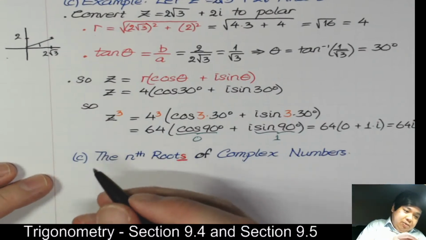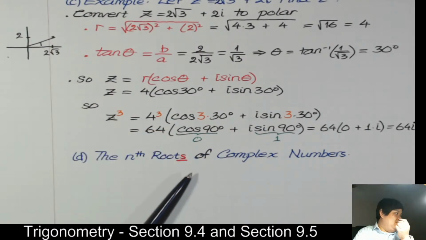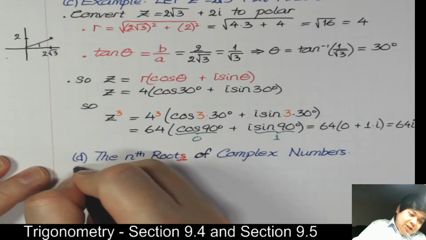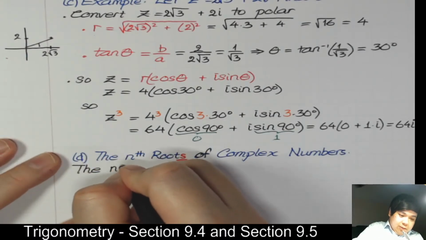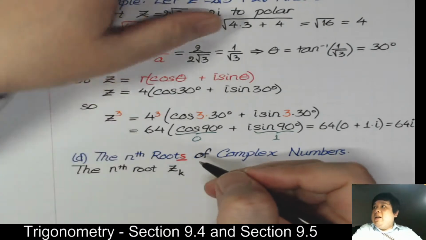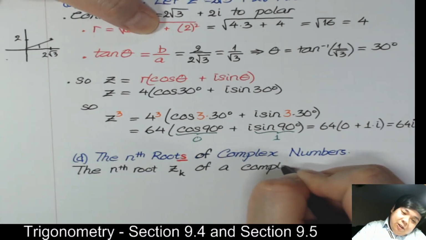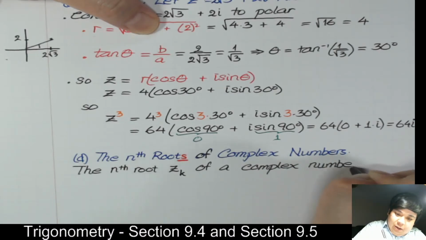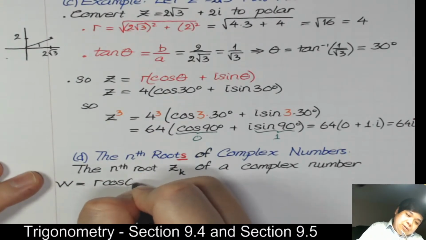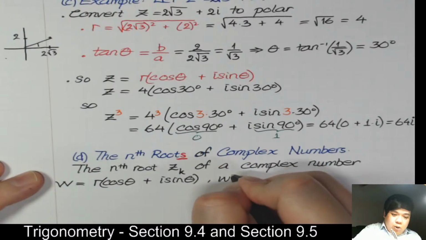The theorem here, this will be part D: the nth root, z sub k, of a complex number w equal to r cosine theta plus i sine theta, where r is positive.